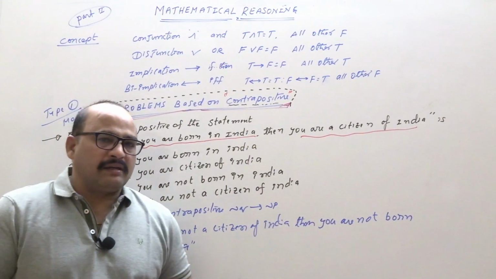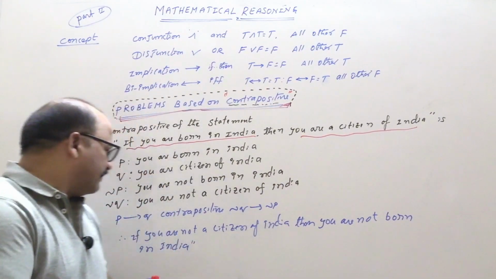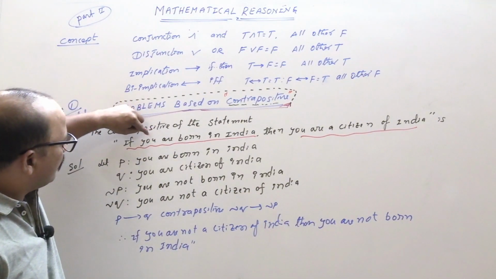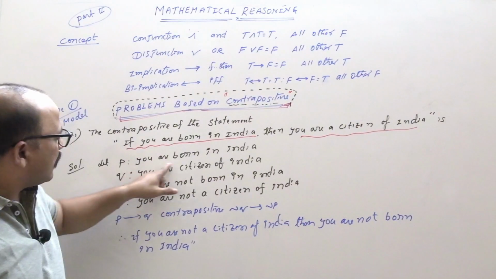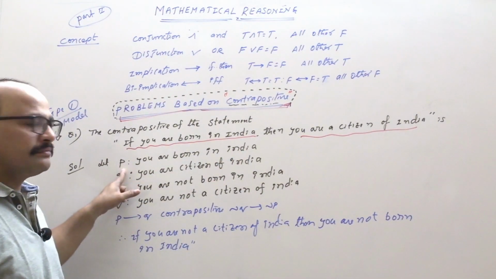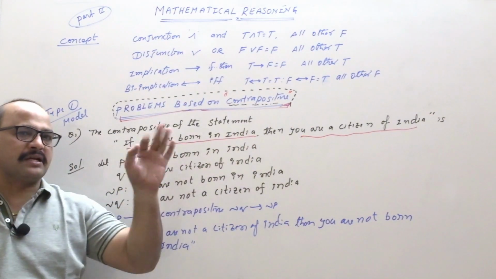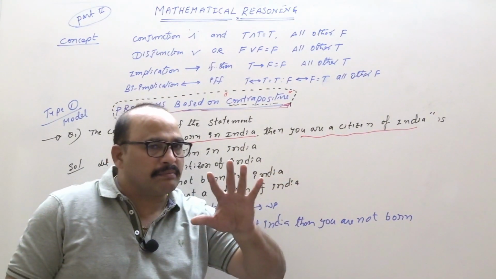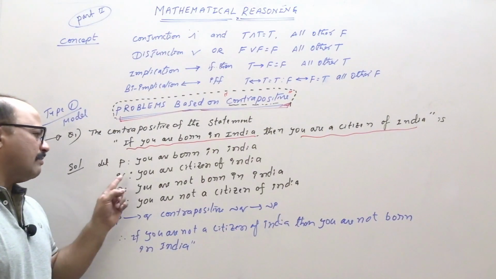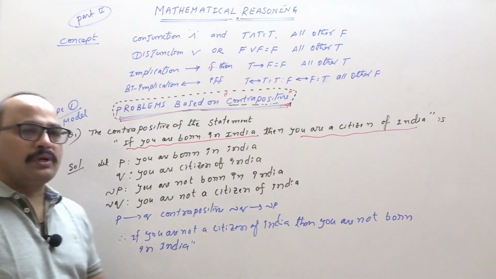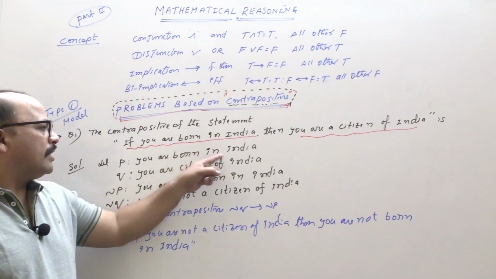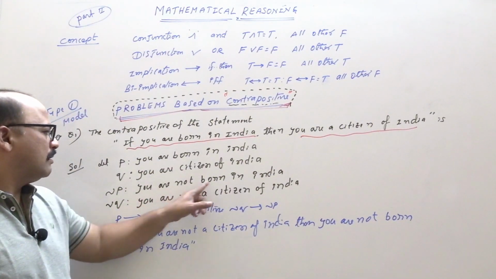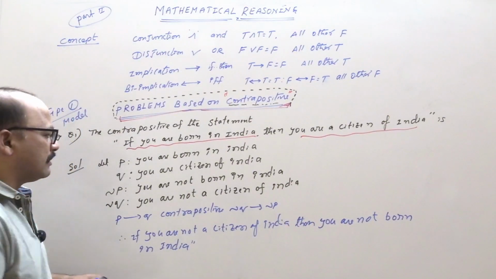For the answer approach, you should remember this point: the contrapositive of P implies Q is negation Q implies negation P. Now I am taking the first part: you are born in India, the first statement, name it P. The second statement, you are a citizen of India, name it Q. Negation means opposite. The negation of 'you are born in India' is 'you are not born in India'. Just add 'not', because it is negation.